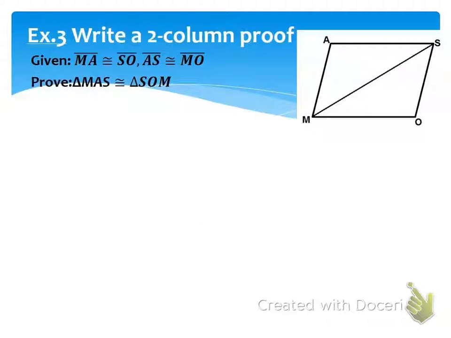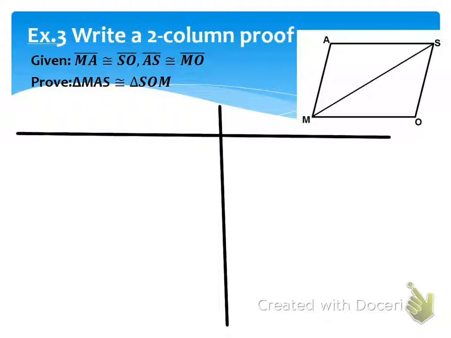All right, so we're just going to jump on into it and write a 2-column proof. This one should be pretty short and sweet because they gave us a good amount of information. So we set up our 2 columns, statements and reasons. What belongs in my first statement? My given information.